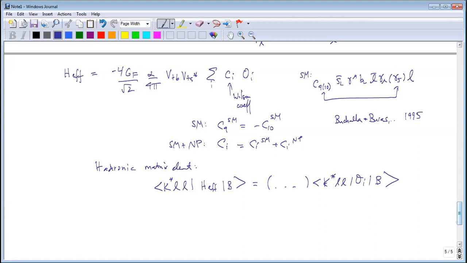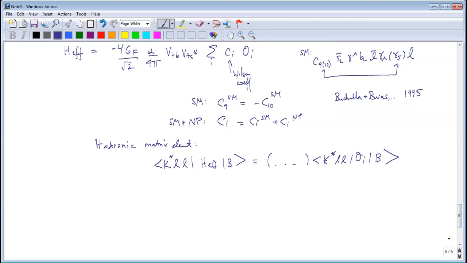It turns out that if one wants to explain, for example, the R_K star, you need about 20 to 25% of the standard model contribution in new physics.